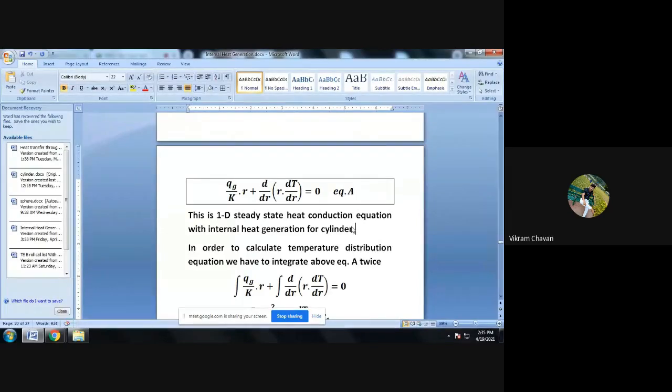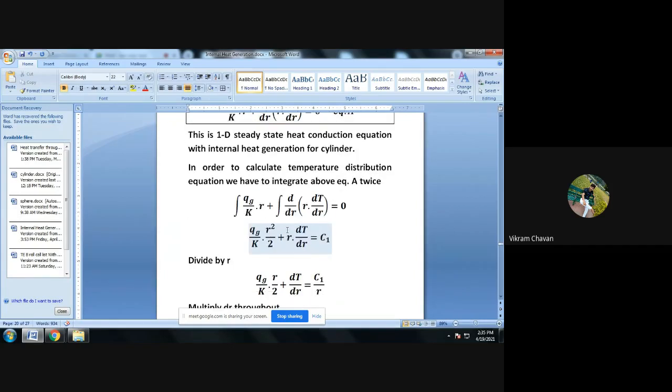Write this comment below that equation. Everyone with me? Have you written the equation? Have you written the comment?